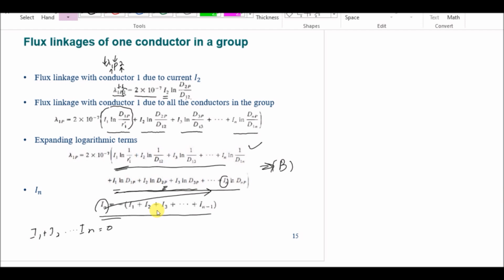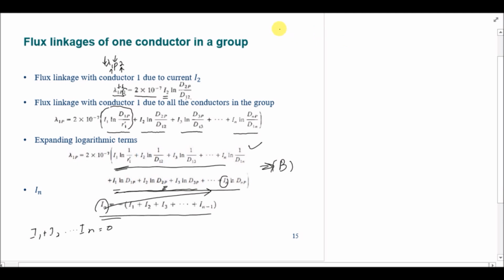Now we are going to solve this equation. So this equation is I1 ln d1p plus I2 ln d2p up to In ln dnp, right? So we are putting the value In is equal to minus (I1 plus I2 up to In minus 1) at this point, right?